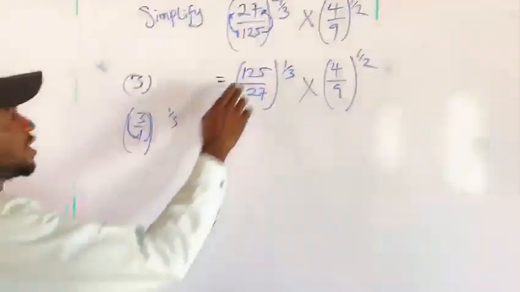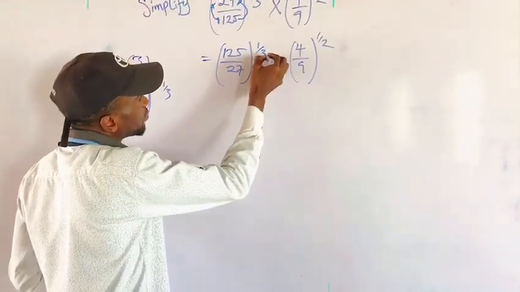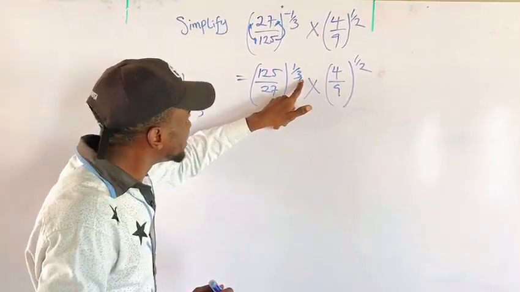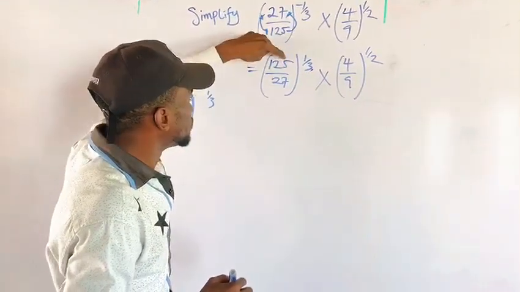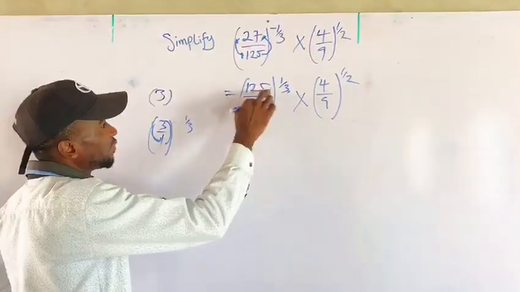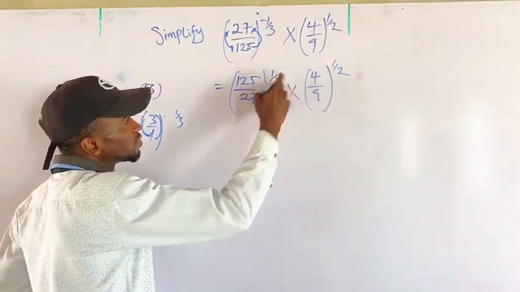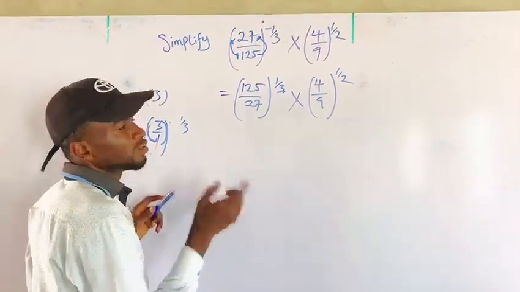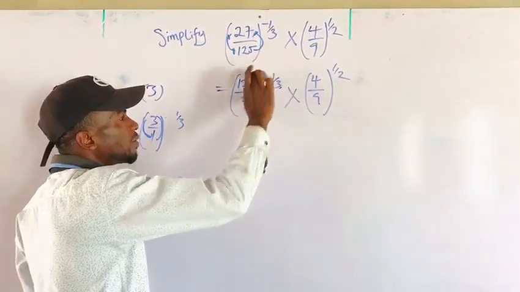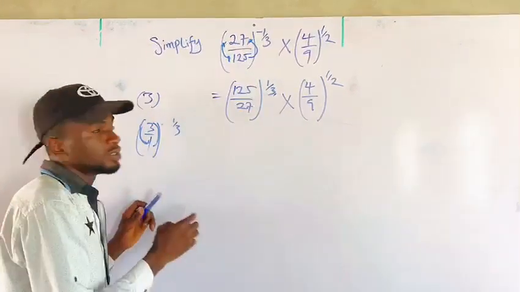Now for 125, which is raised to the power of 1 over 3, I begin to think which number I can raise to the power of 3 to get this 125. The aim is that after raising that number to the power of 3, that 3 should cancel this 3. Now I told you earlier, whenever you have a fraction inside the bracket raised to a particular power, the power is for both the numerator and the denominator.